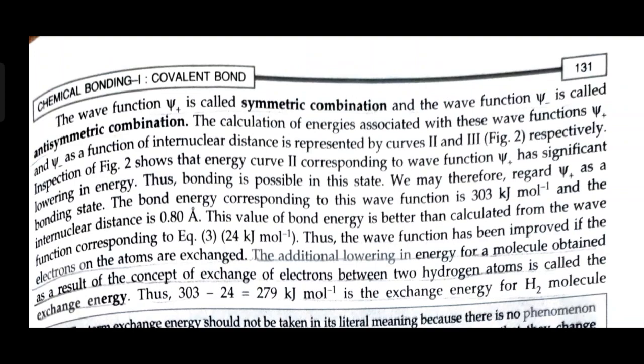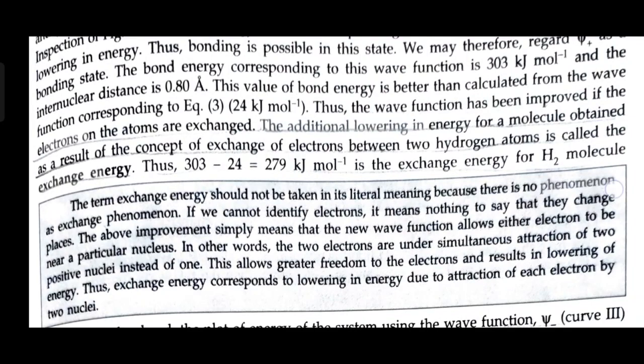Thus, the wave function has been improved if the electrons on the atoms are exchanged. The additional lowering in energy for a molecule obtained as a result of the concept of exchange of electrons between hydrogen atoms is called the exchange energy.